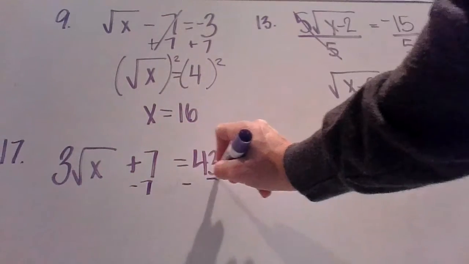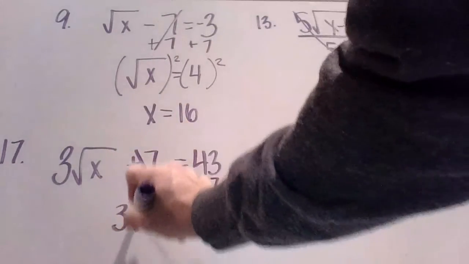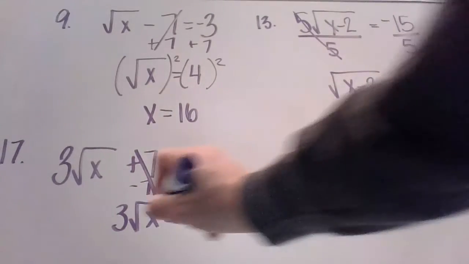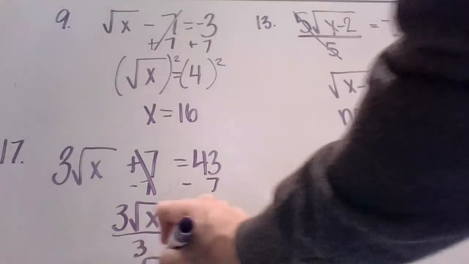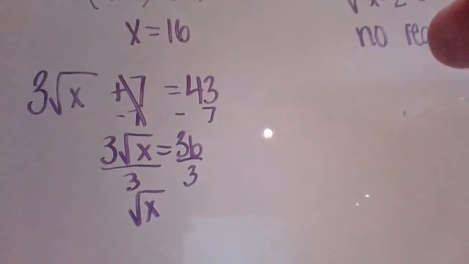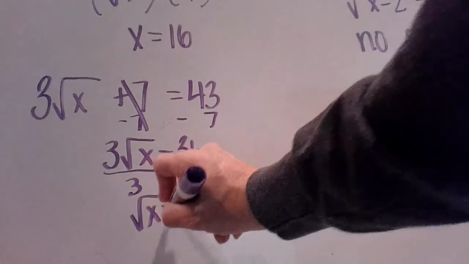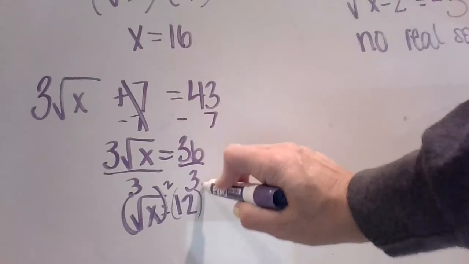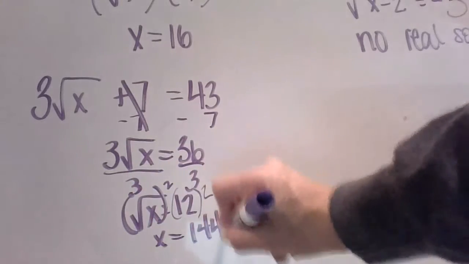So we're going to subtract 7 from each side. This cancels. I have 3 square root of x is equal to 36. We're going to divide both sides by 3. So the square root of x, I'm going to have to tilt this down so that you can see it, is equal to 12. Then we will square both sides. So x is equal to 144.